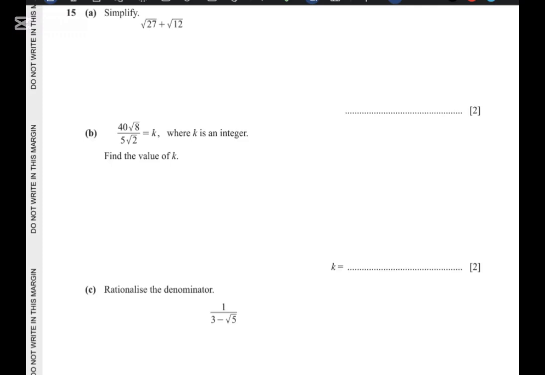Question number 15. Simplify root 27 plus root 12. Now this is a question related to surds, and when the surds are given in this way, you have to split these surds into numbers with perfect square roots. So you can split 27 as 3 into 9, and you can split 12 as 3 into 4, because one of the numbers is a perfect square.